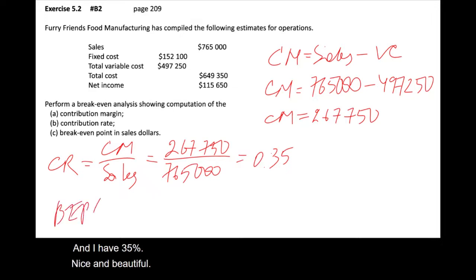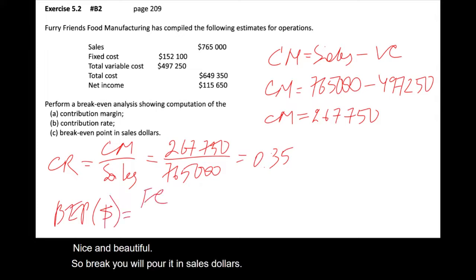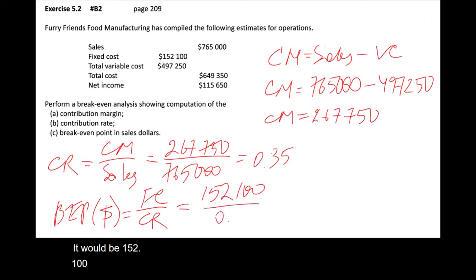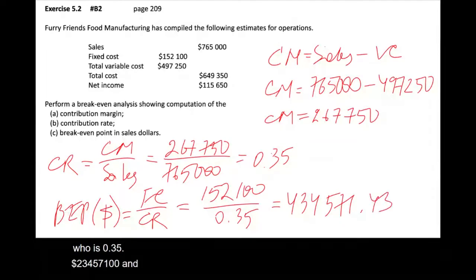So break-even point in sales dollars is fixed cost over contribution rate. It would be 152,100 over 0.35, $434,571.43. That's it.